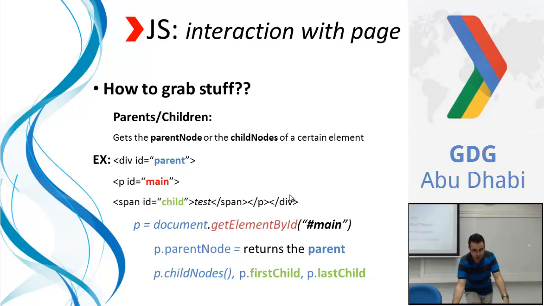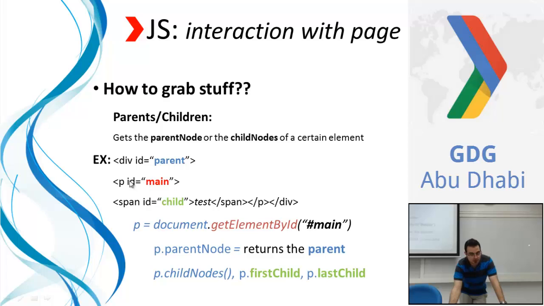So if you get an element here, which is the element with the ID main, you shouldn't really add the hash here. It's a mistake. I have to remove it. You just give it the ID without any hash. It's not like CSS. And if you want to get the parent of this element, you just tell it p.parentNode, which will return to you the parent.